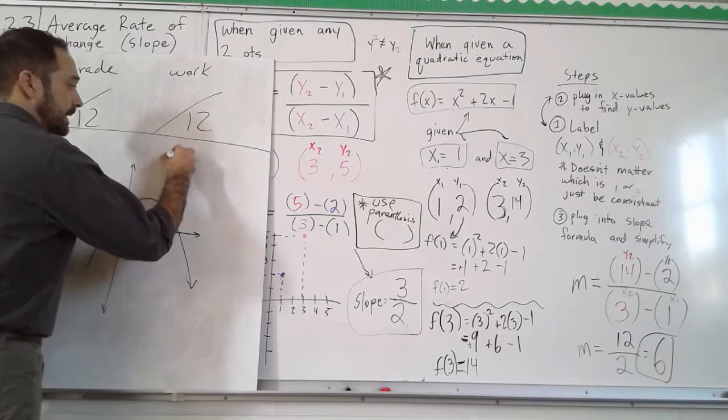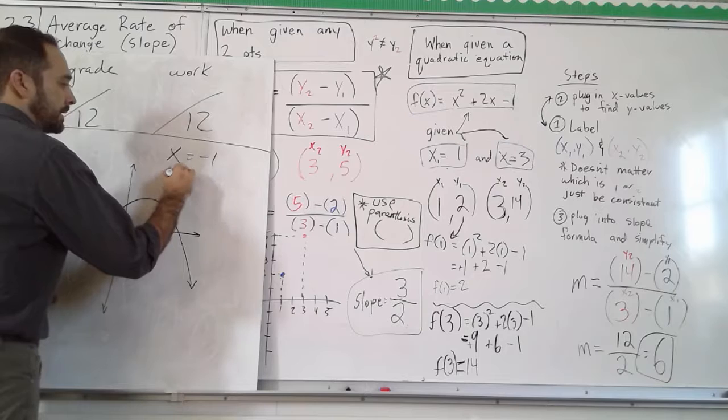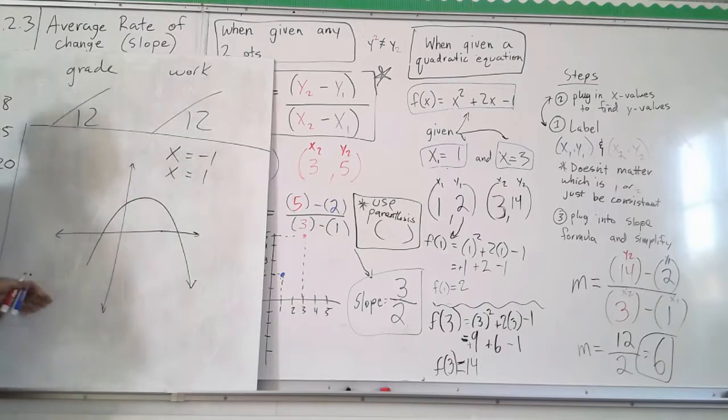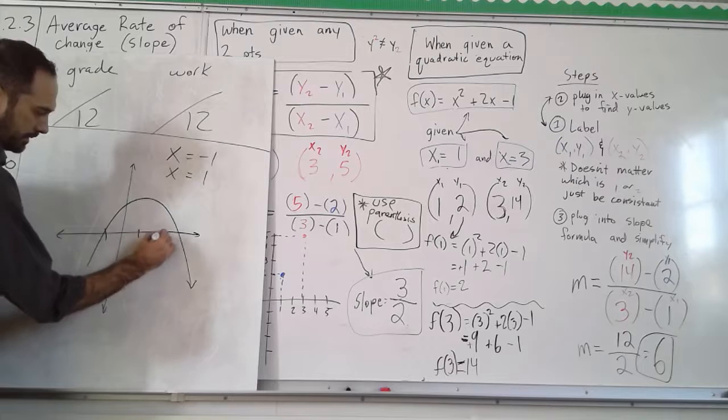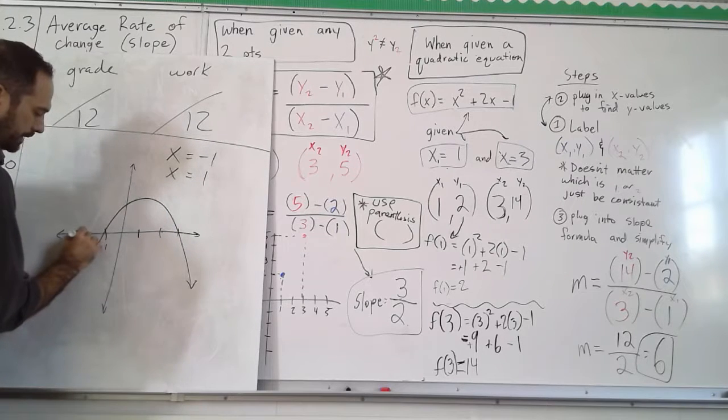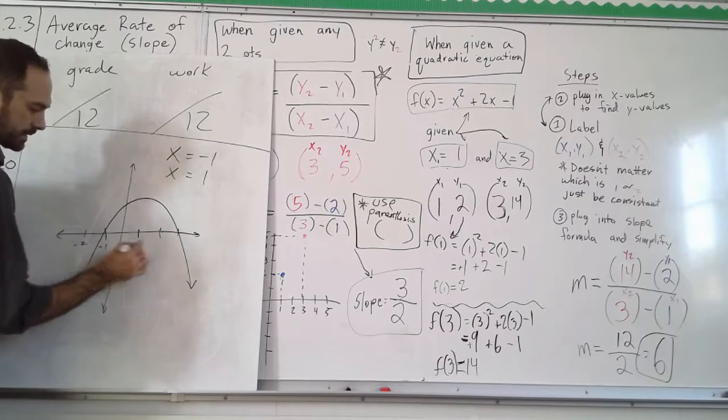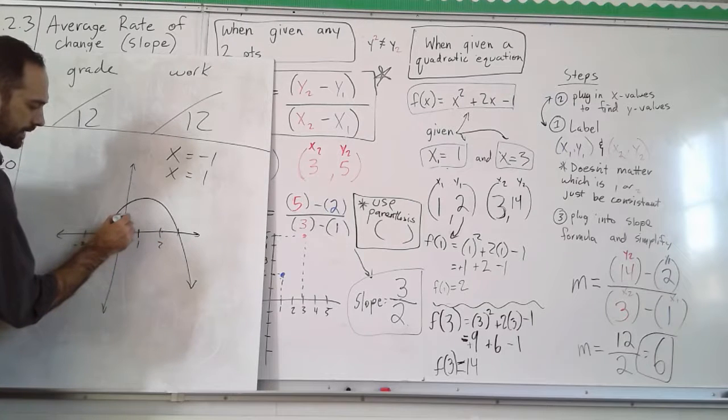They're going to say x value is -1, another x value is 1. They're going to say find the rate of change between those two x values. Now if I put a couple points here, it's going to give you a graph on the problem. So actually this will be pretty straightforward.